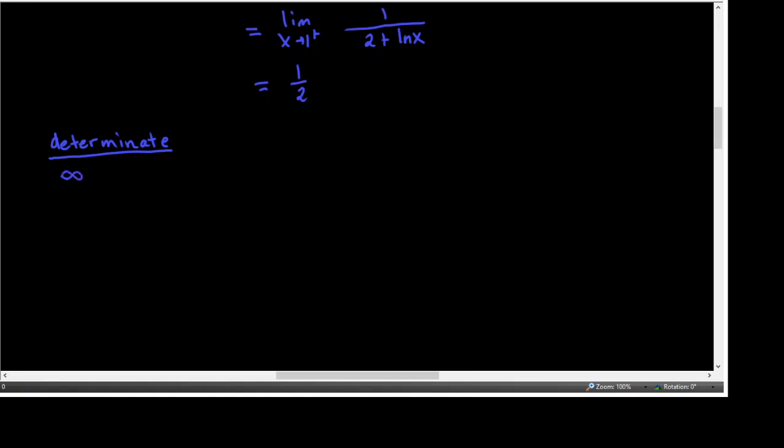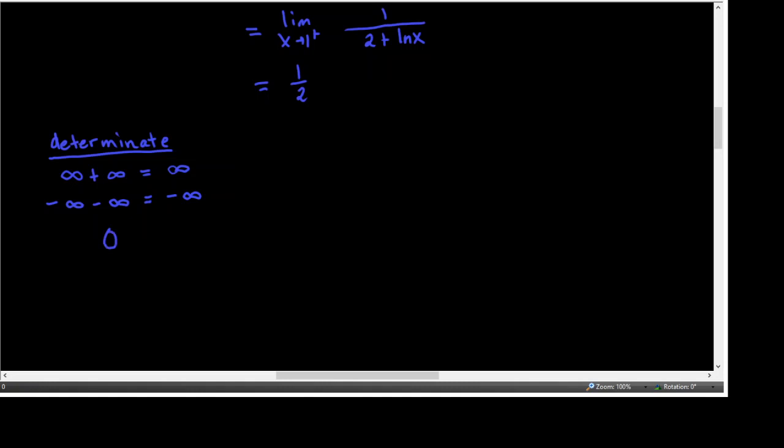For example, infinity plus infinity is headed towards infinity. No ambiguity there. Negative infinity minus infinity is headed toward negative infinity. That is not an indeterminate form. It's actually going to head toward negative infinity.